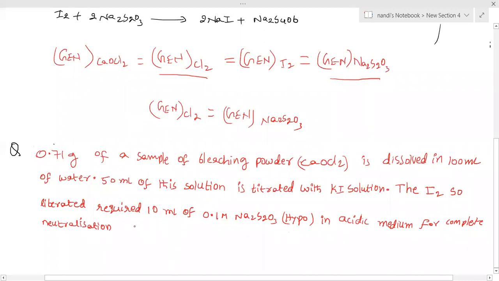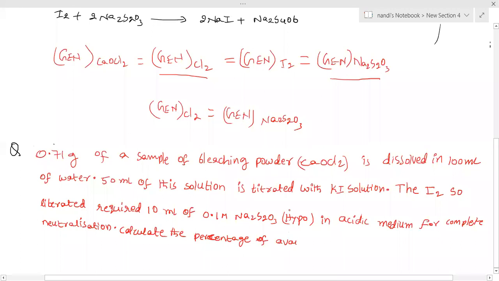Calculate the percentage of available Cl2. Okay, the question is completed.